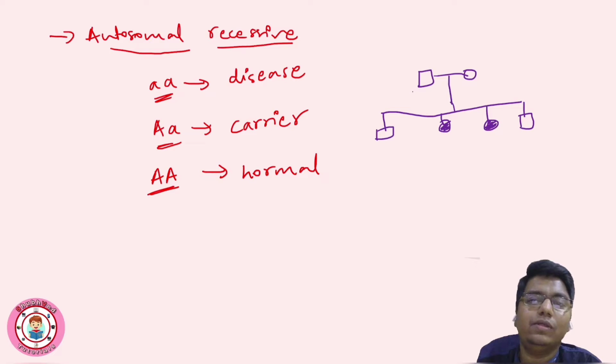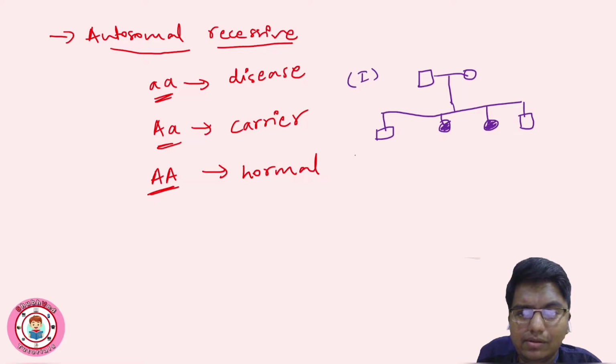Okay, see now in this pedigree what we can see, these are the parents. These Roman numbers are written as generations, generation 1 and generation 2. So these parents are not having any disease, right? But the individual progenies, girl progenies, both are affected, right?